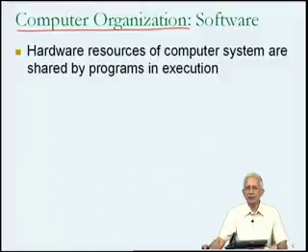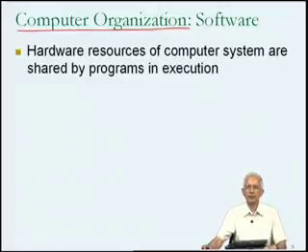Now, in the previous lecture, when I raised the idea that we have an idea what the hardware is like, but there could be more than one program running at a time, or concurrently, what this told us is that we must expect that the hardware resources of the computer system that we have seen in the computer organization hardware slide are actually shared by those programs in execution.